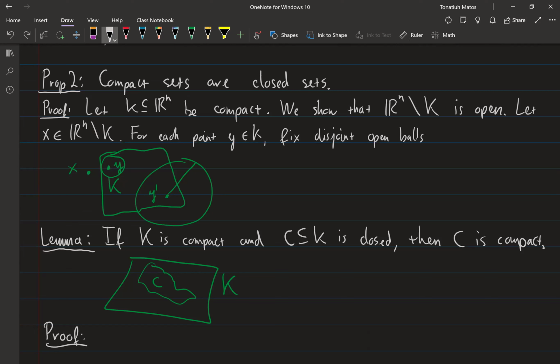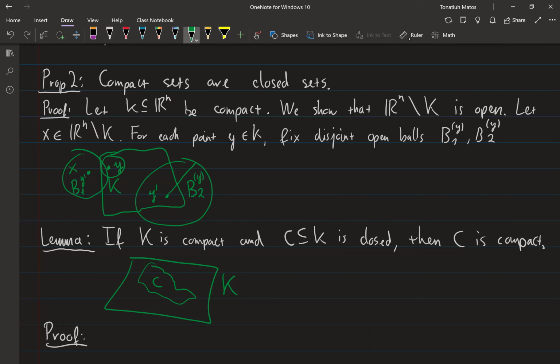B1, B2, y. It depends on y, right? For different points, I need different balls. So this would be B2 y prime, and maybe this one, which might intersect K, we don't really care, is B1, sorry, B1 y prime, right?